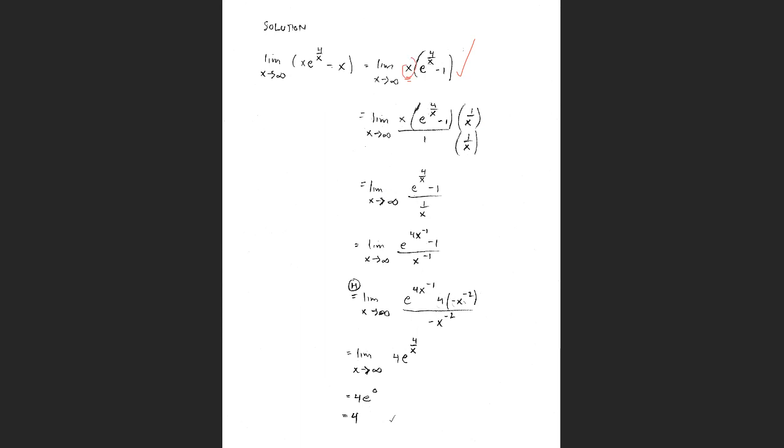So let me multiply by 1 over x on the numerator and denominator. And if I do that, we get some simplification here. The x's simplify out, and I'm left with, on the numerator, e to the power 4 over x minus 1. And then in the denominator, I have 1 over x.